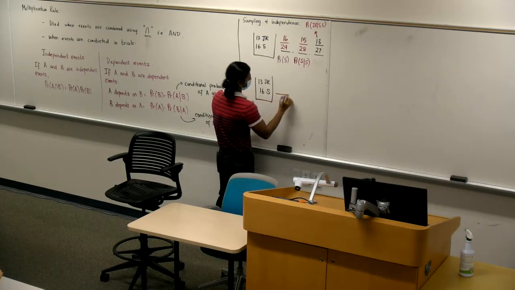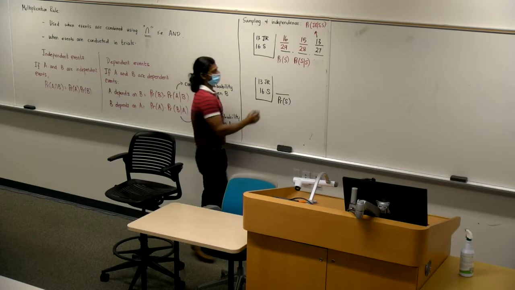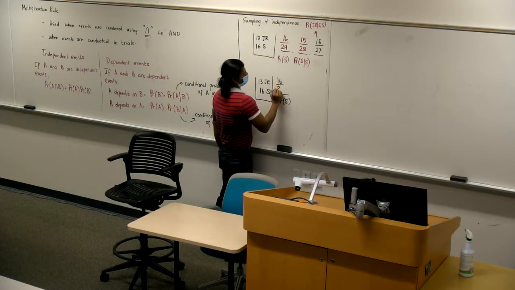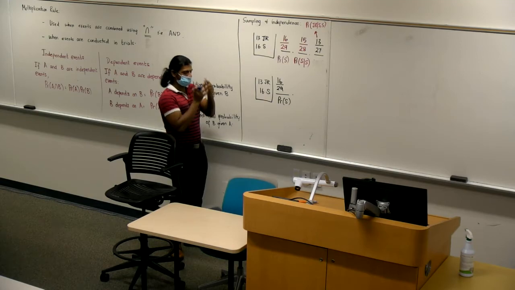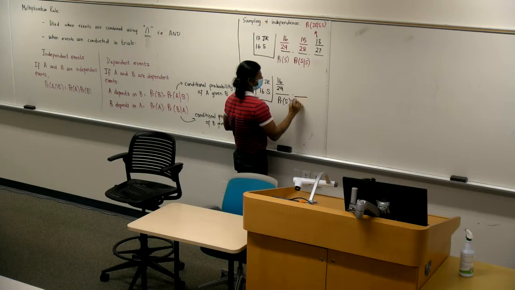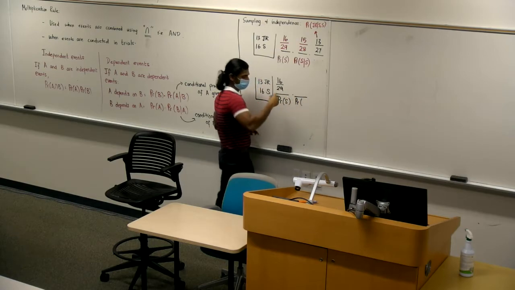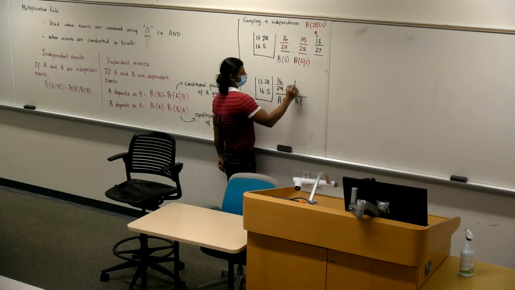What is the probability that I grab a bag of Skittles? 16 of 29. I put it back in. What is the probability that the second time I get Skittles? Still 16 out of 29.